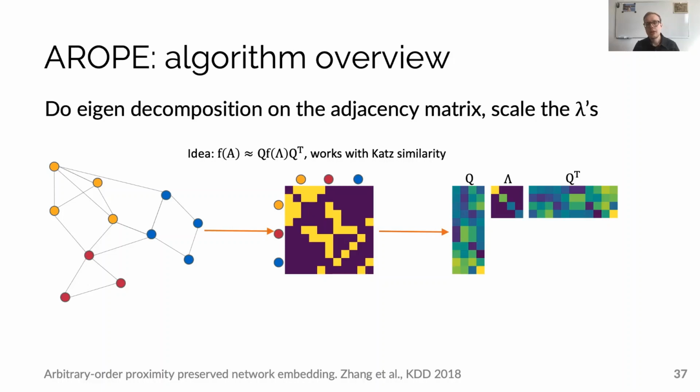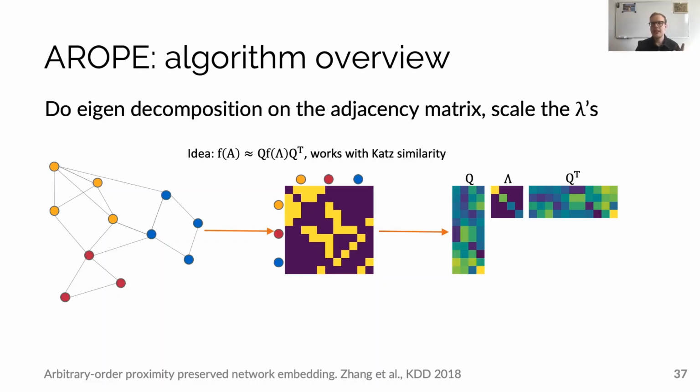So the next algorithm is called AROPE, short for arbitrary order proximity preserved network embedding. The idea there is that we do not do the SVD, but the eigendecomposition of the adjacency matrix of the graph. So the adjacency matrix is sparse, and eigendecomposition is quite fast on sparse matrices.